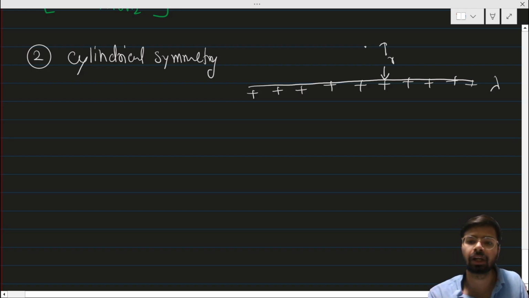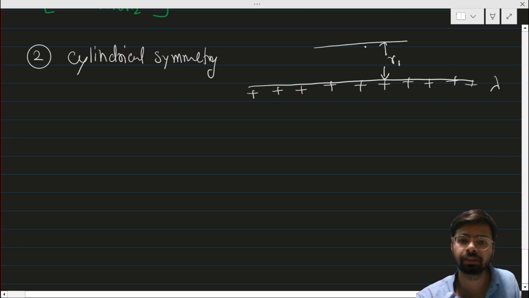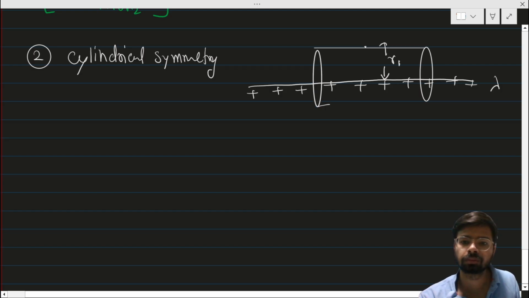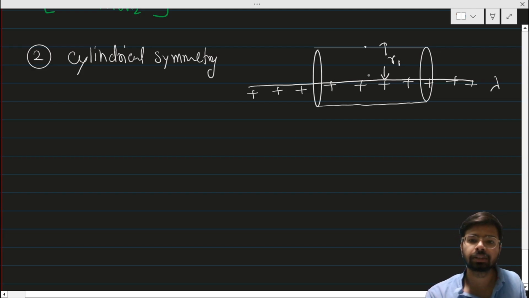So this is R1, we can say. To find this, let's assume the cylindrical symmetry, which looks like this. So this is the cylinder of radius r1, and electric field lines are like this.